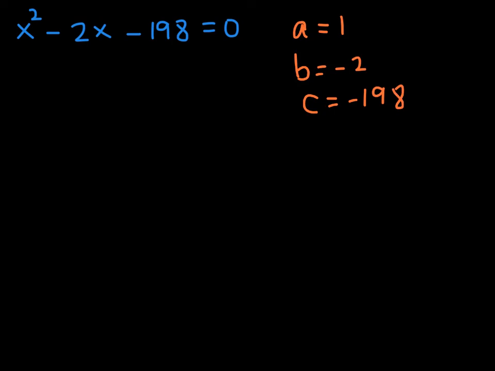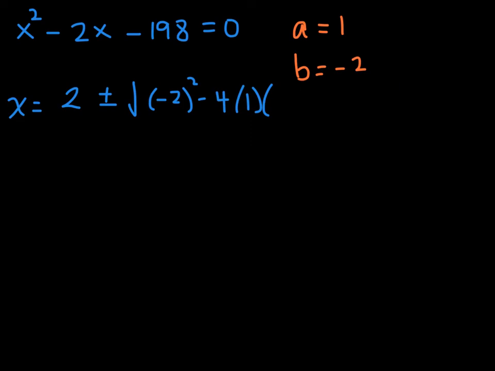So then x is equal to, by the quadratic formula, the opposite of your b value, so that's +2, plus or minus the square root of b squared, so that would be -2 squared, minus 4 times a, which is 1, times c, which is -198. Now I have to erase what I just wrote in order to have space here. All right, so -198.